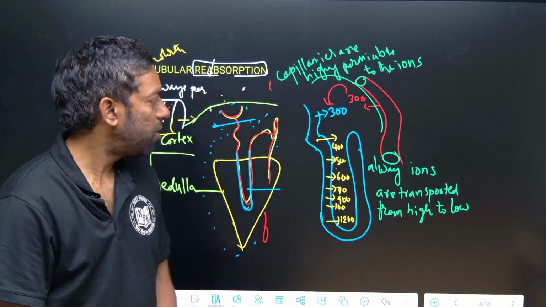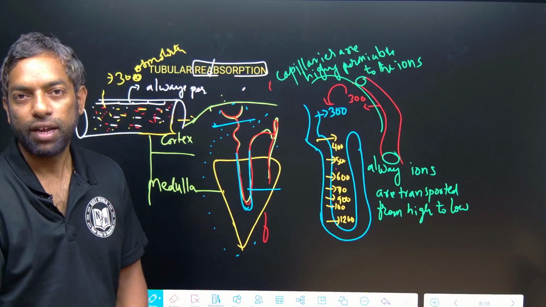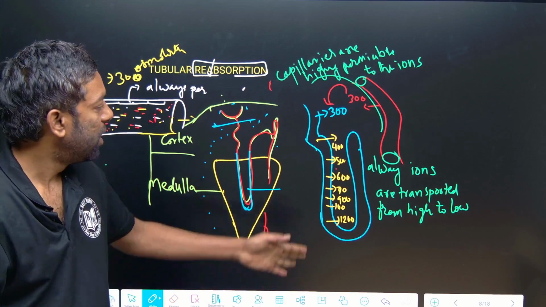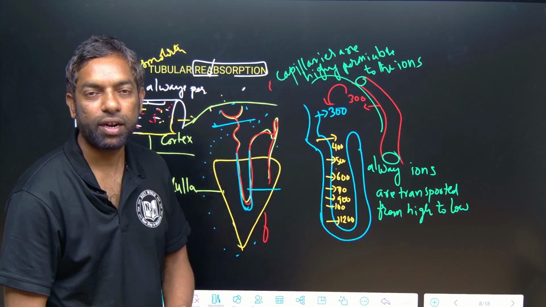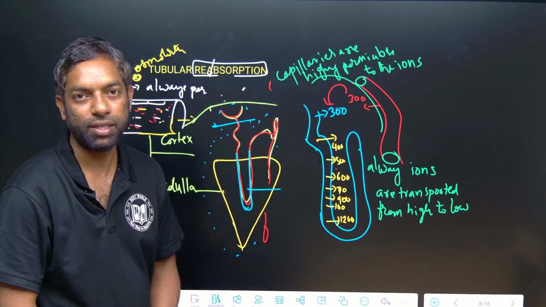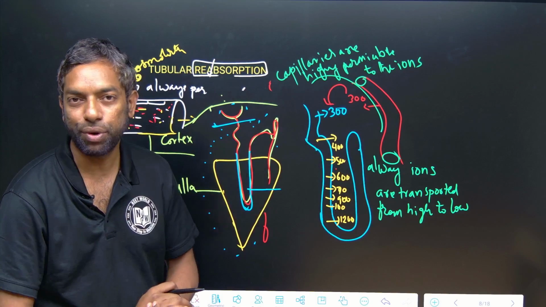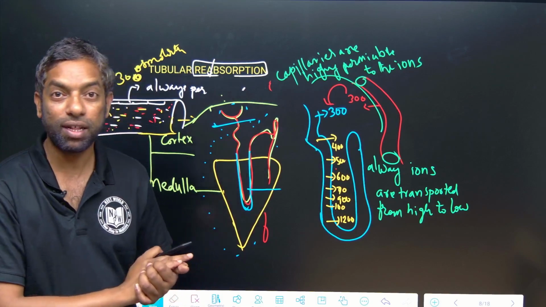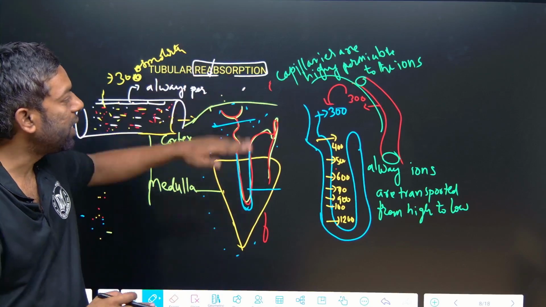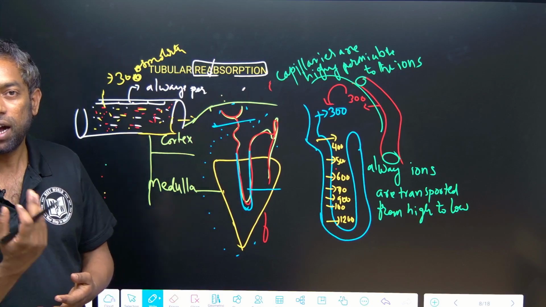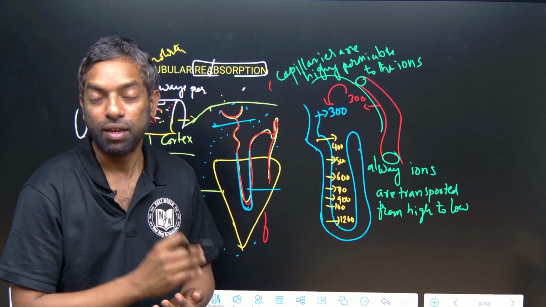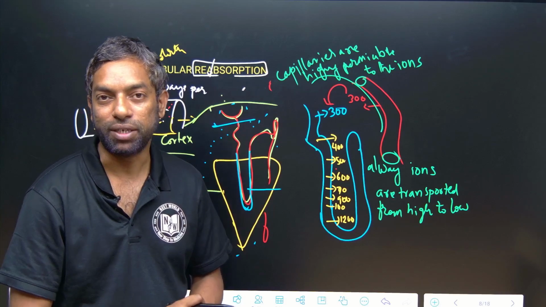This is all about the concentration gradients of ions in different places. In the kidney the interstitial fluid is different and the capillary fluid is different. There is ion exchange going to take place between those regions. So we are going to discuss reabsorption, where the ions are reabsorbed in the nephron, in the mechanism of urine formation.